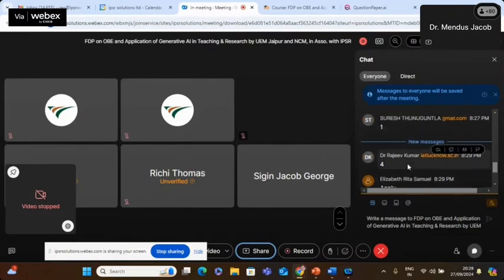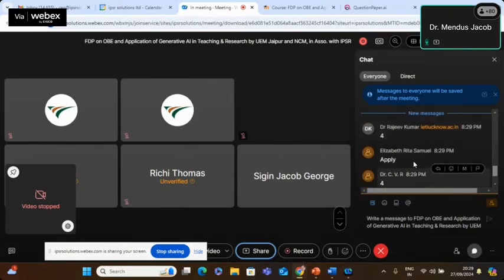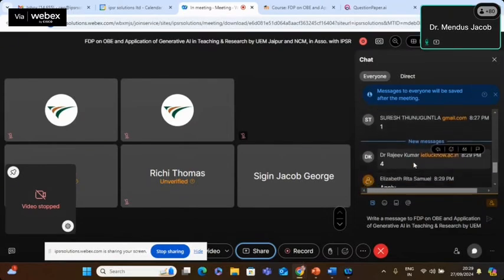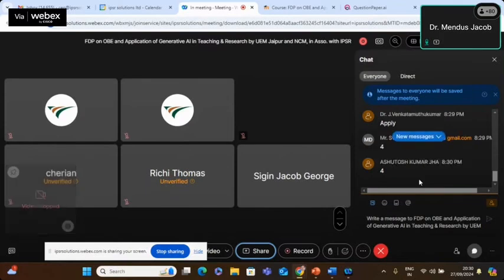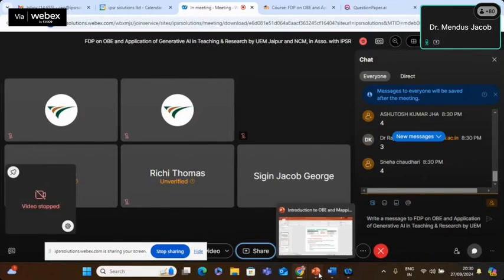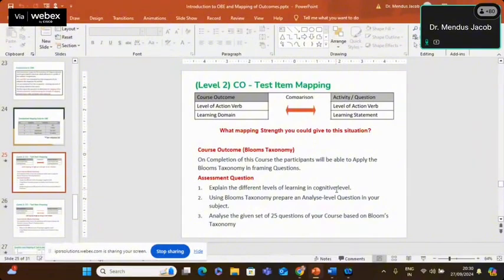So we are asking the student to apply Bloom's taxonomy in framing an analyze level question. The question should be analyze level, but using Bloom's taxonomy, the participant has to frame the question. That means again applying. It's not analyzing, it's applying. So this is an apply level question.